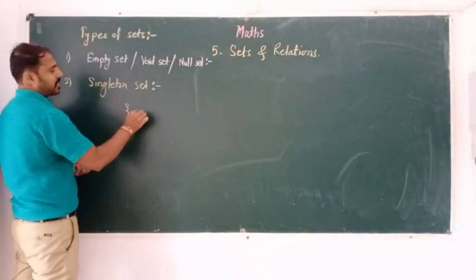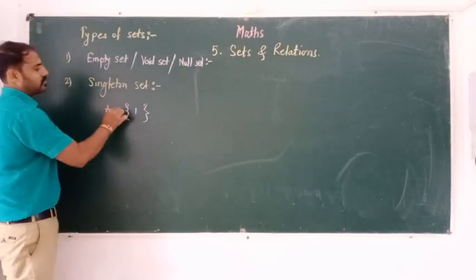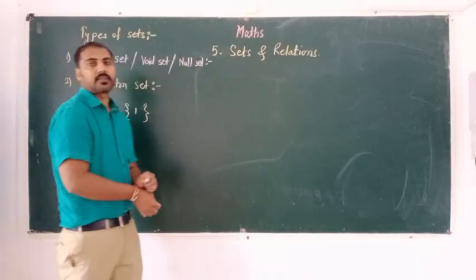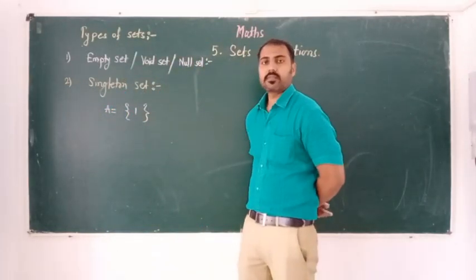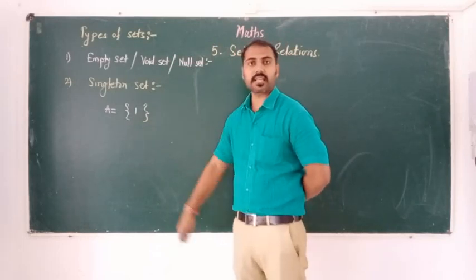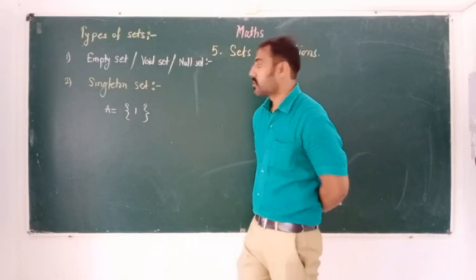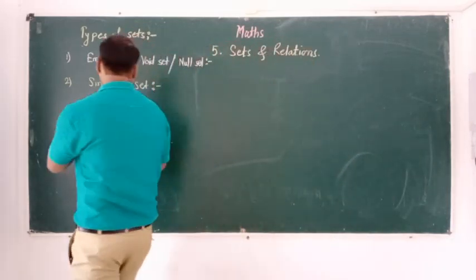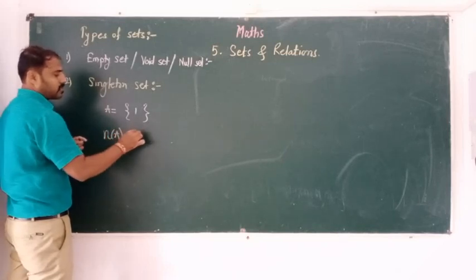For example, I can write one set. Suppose that A is equal to {1}. Here, how many objects are there? There is only one object. So A is called a singleton set. The number of elements in the set is equal to 1.